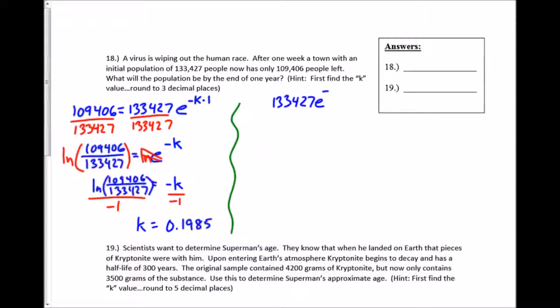My k value was the 0.1985. Multiplied by time, well, this one, because I left it as a 1 when it was 1 week, this is per week, which means I need to plug time into weeks. In a year, there are 52 weeks, so I've got to plug a 52 in here.